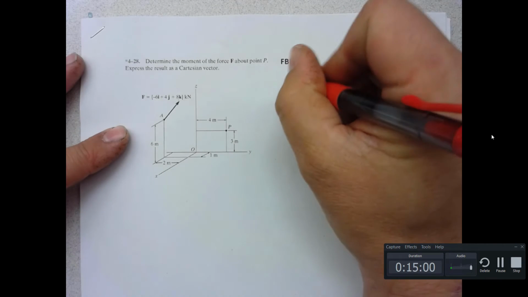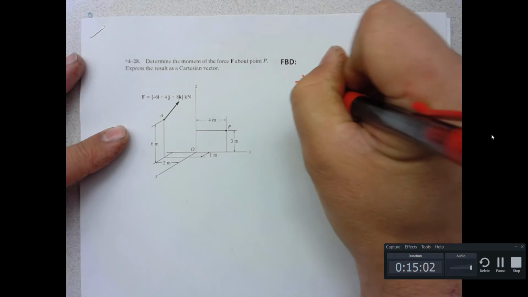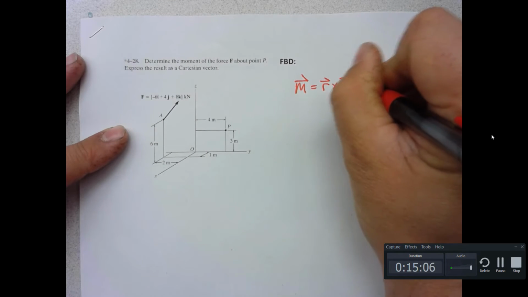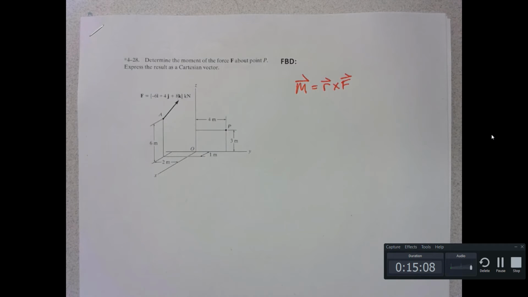We know that the moment vector is always going to be r cross F. It's not F cross r. It's always r cross F. You take the position vector r towards the line of action, then you curl your fingers in the direction of F, and you get the sense of the vector. It's going to be perpendicular to that plane.